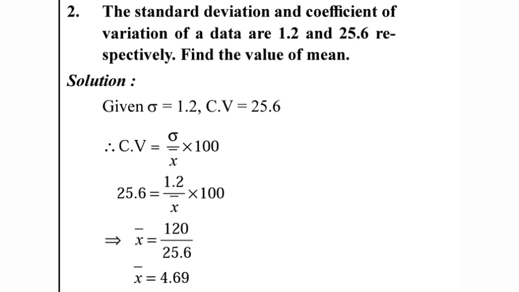Substitute all values. First CV value is 25.6, that equals sigma value 1.2 divided by x bar into 100. We simplify the value. First, cross multiplying, x bar equals 1.2 into 100, that equals 120 divided by 25.6.